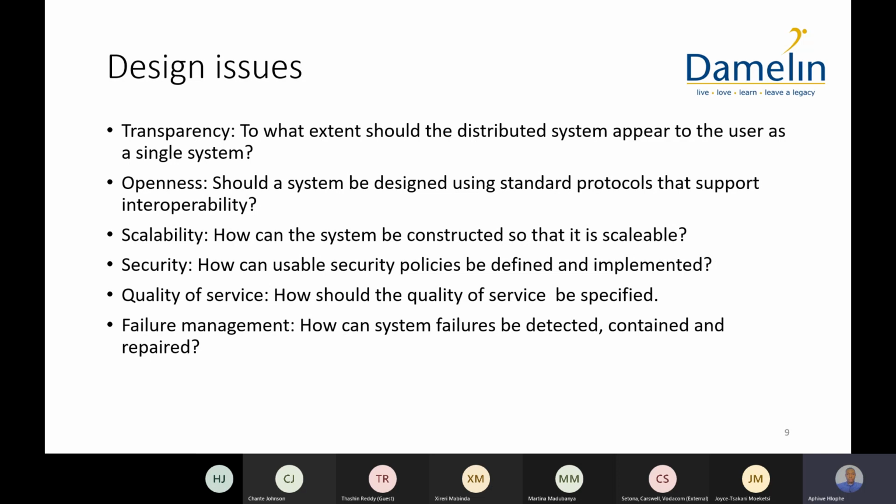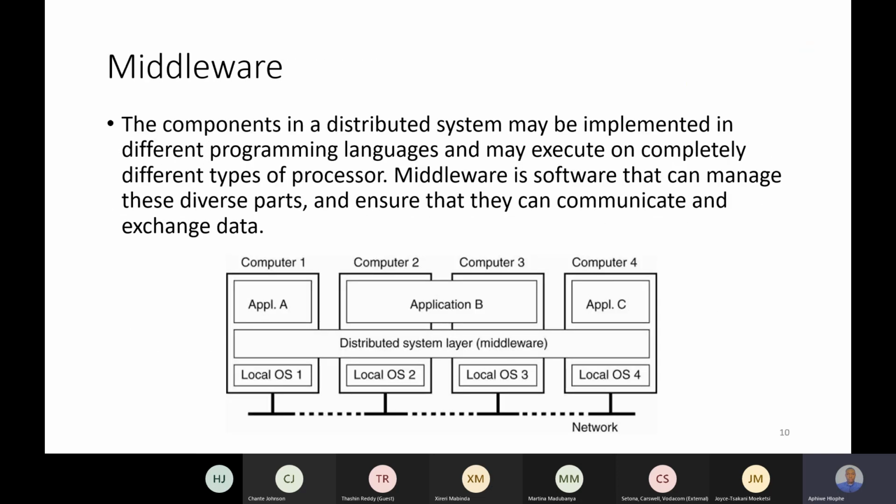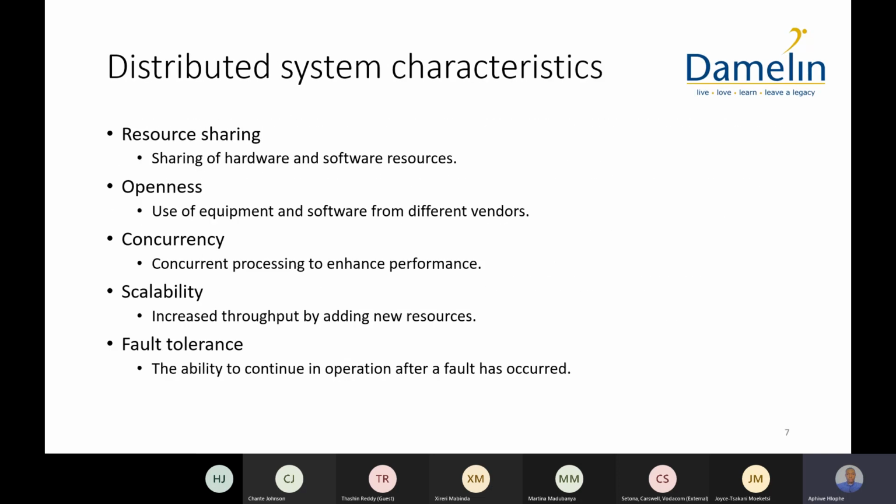How can the system be constructed so that it is scalable? How can usable security policies be defined and implemented? How should the quality of service be specified? These are just some of the questions you're going to be asking yourself, and these link back to some of the design issues that we mentioned in the earlier slide, the distribution characteristics.